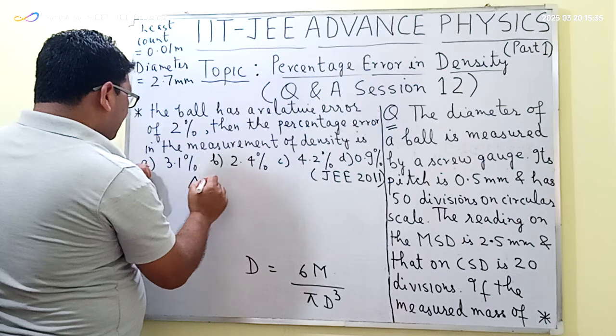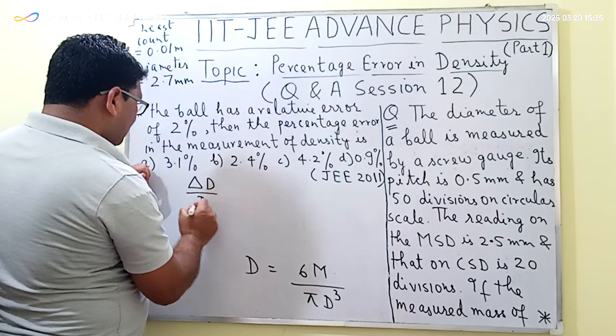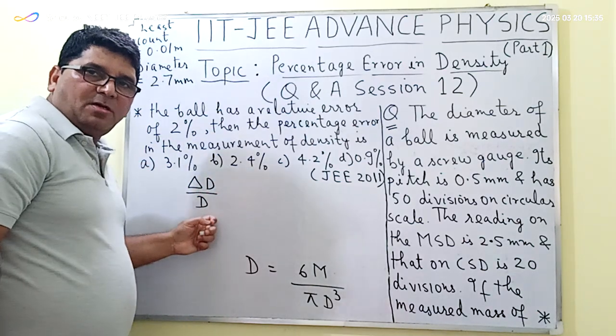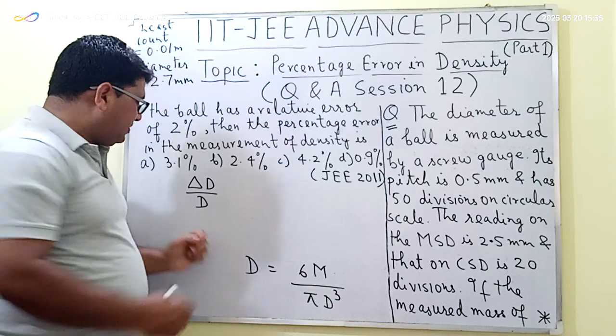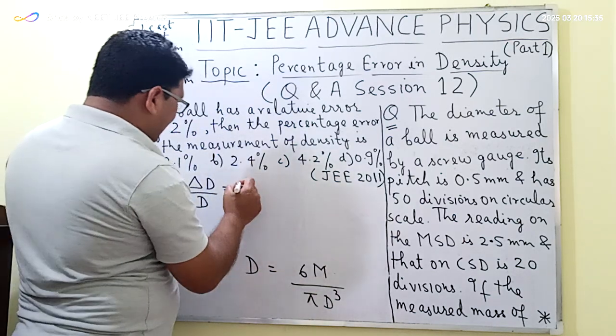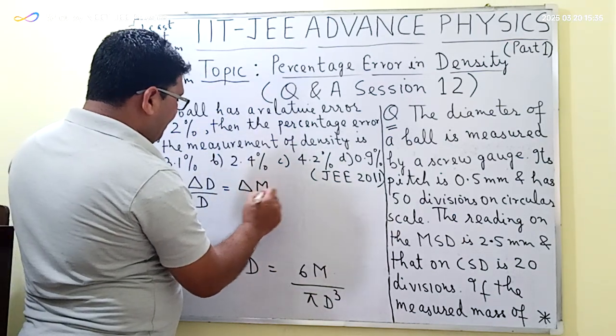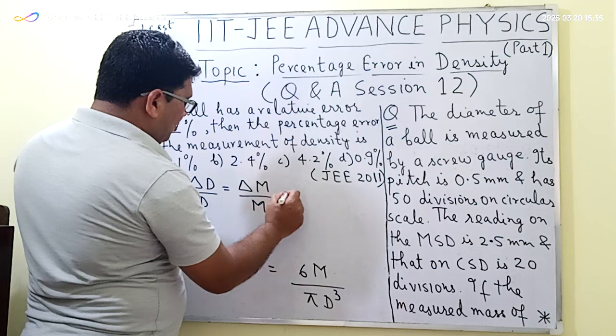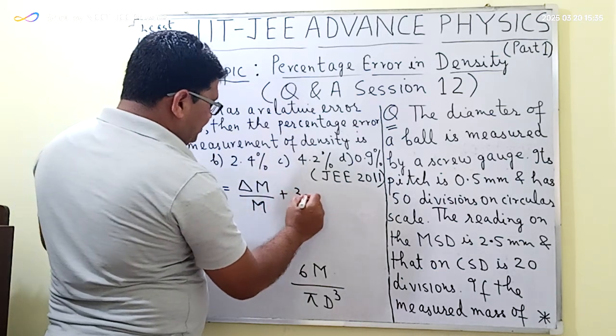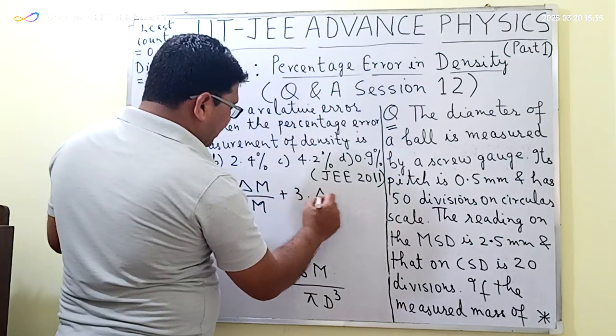So delta D upon D, which is the relative error in the measurement of density, will be equal to delta M by M plus 3 times delta d by d.